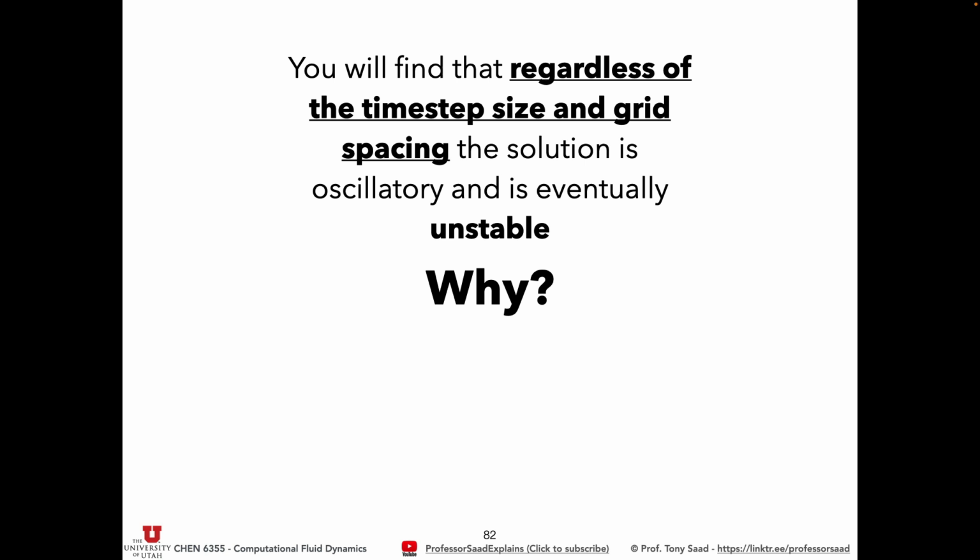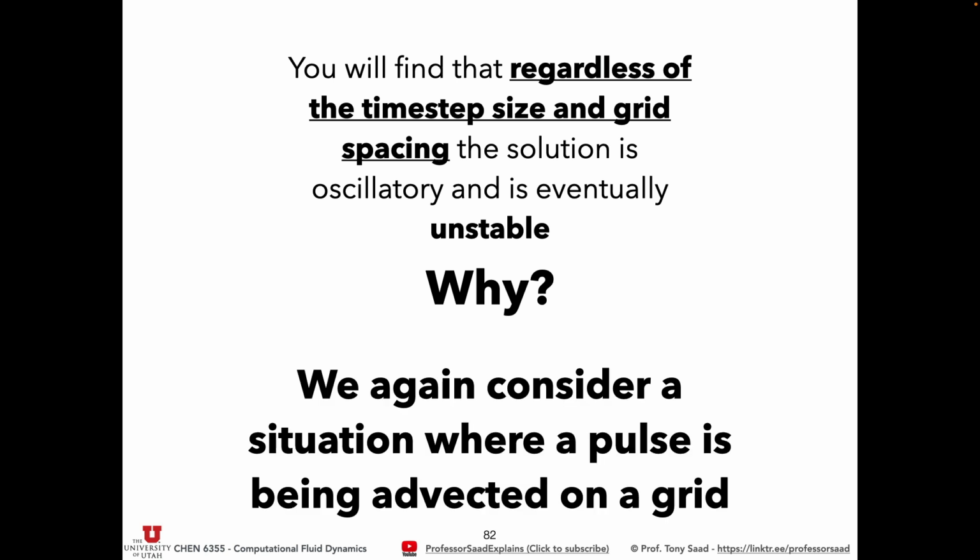You will find that regardless of those changes, the solution will always be unstable. The simplest spatial scheme, second order accurate, central scheme in space, forward in time, cannot produce a solution, as far as we've shown here, for the advection equation. Now, is this a symptom of the method, the theory itself, or something we did wrong? Let's see what's going on. Again, we are going to consider a situation where a single value is being advected on a grid, like we did with the diffusion last time.